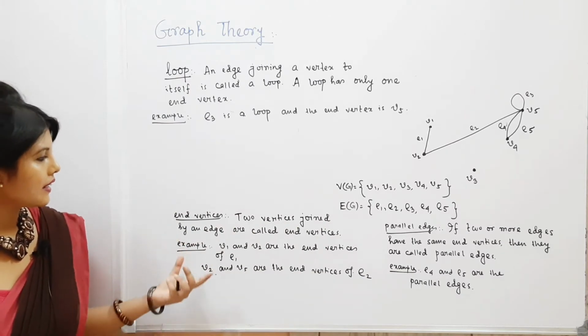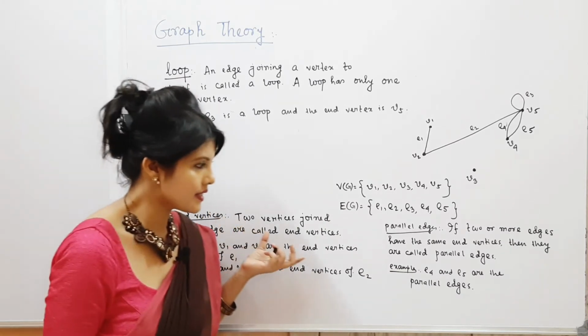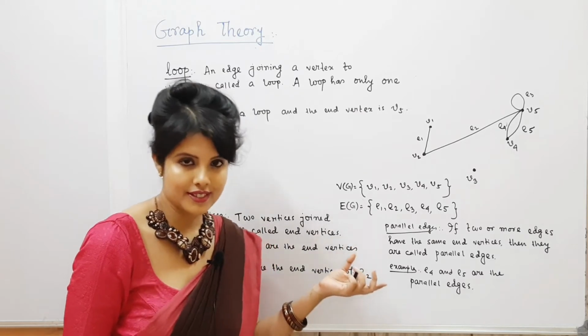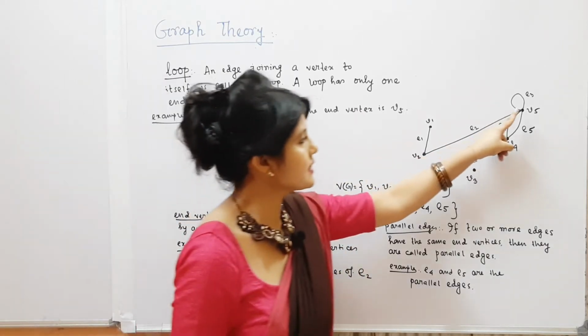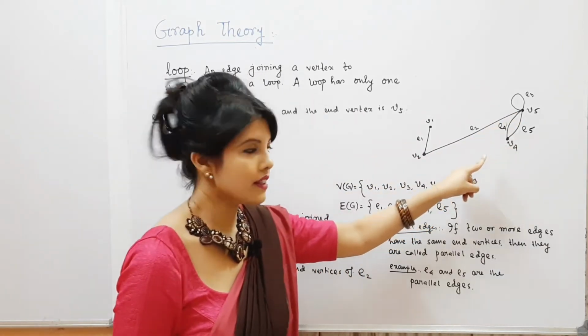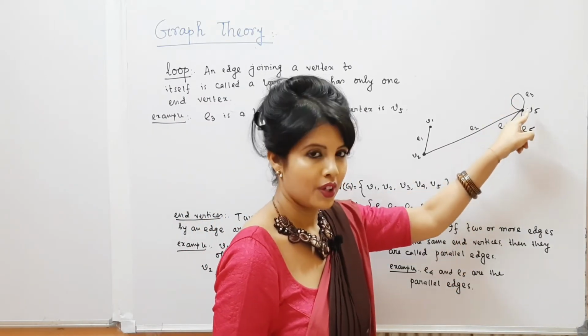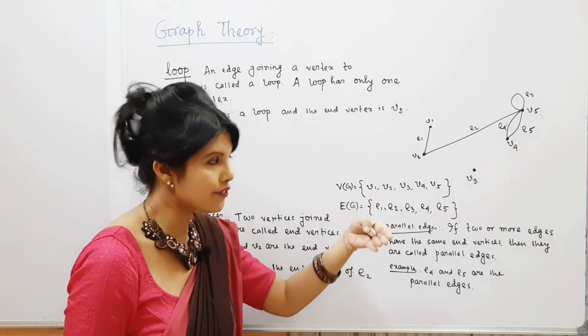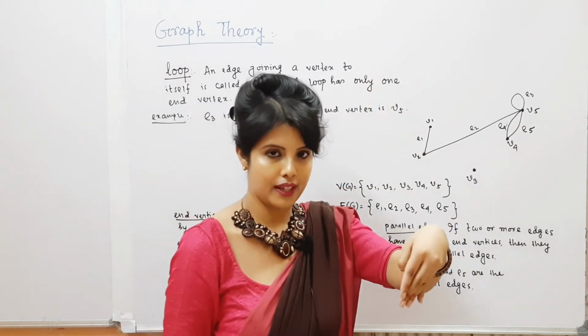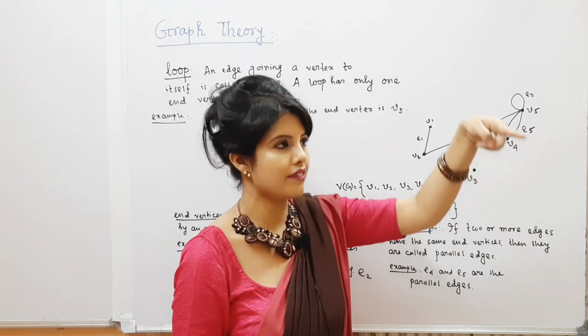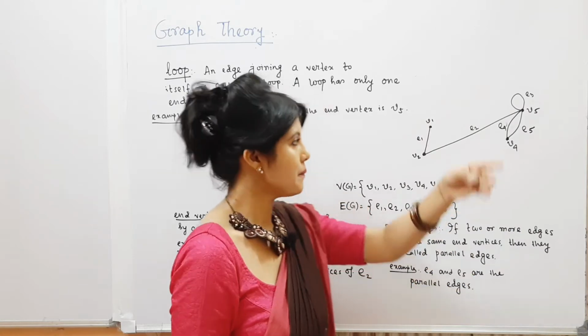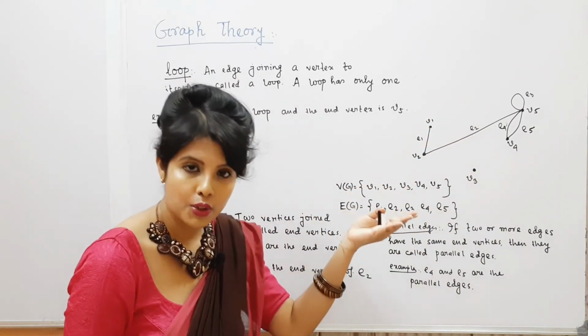So till now I have discussed end vertices, parallel edges and loop. This is the parallel edges, okay, because these two edges have the same end vertices, but this is a loop, okay, because it is starting from V5 and ended at V5. So the edge is joining the vertex to itself, okay, so therefore this is a loop.